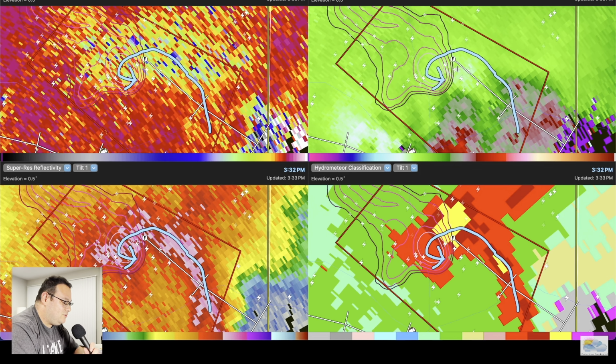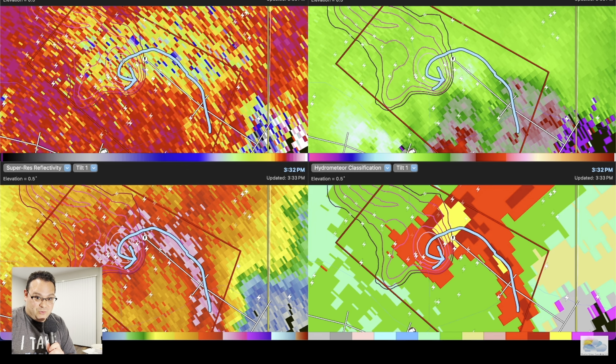Now the next two, the correlation coefficient and the hydrometeor classification, can work together. Starting with the correlation coefficient, what this is showing is how uniform anything in the atmosphere is. Typically, with tornadoes, you would use the correlation coefficient to find debris balls.